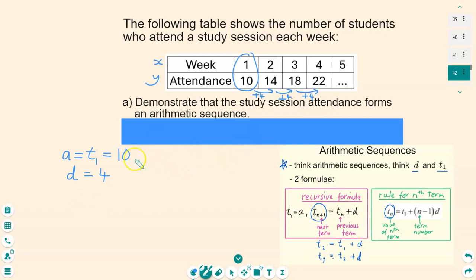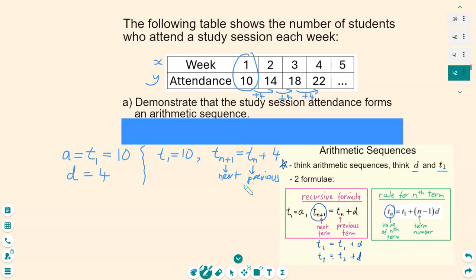To define the recursive formula, we need our T1 and the actual formula itself: Tn plus 1 equals Tn plus D, so just substitute in that D. Remember that this means the next term is the previous term plus or minus that common difference. That's all those little subscripts, the n plus 1 and n, mean.